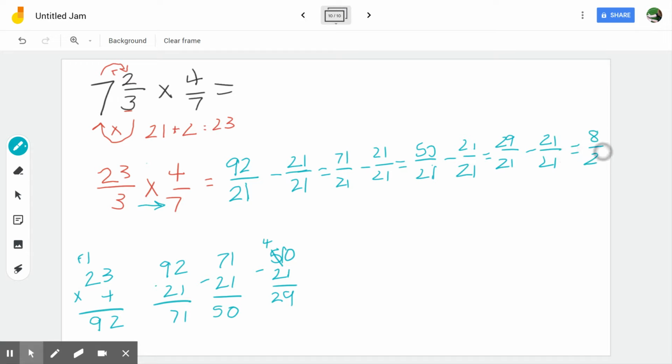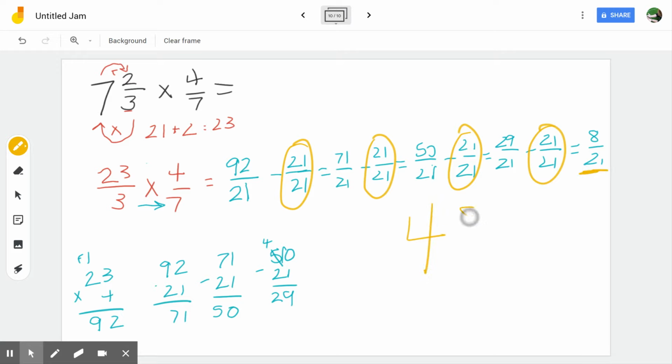8/21. Okay? Now, don't forget, go back and circle or count your wholes. Start at the very beginning. We had 1, 2, 3, 4. 4. Okay, that's a whole number. And our leftover fraction was 8/21. Now, that was a lot of work, right? Bear with me. I'm going to show you a quicker, easier way in a few.